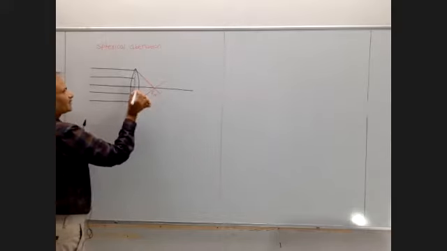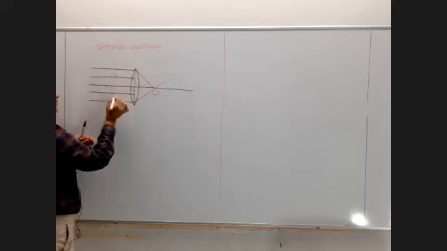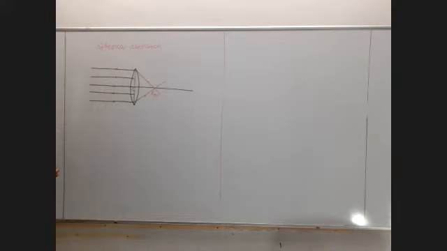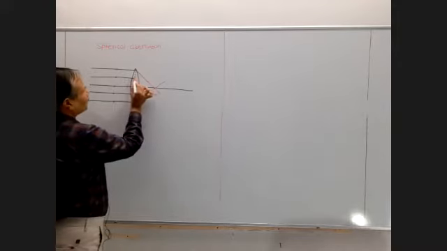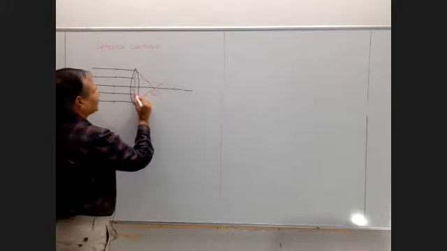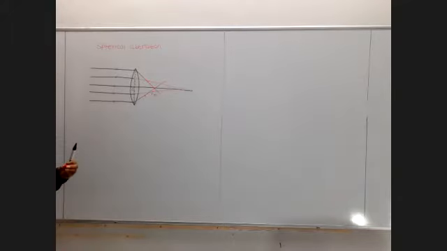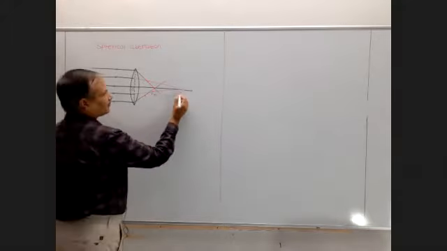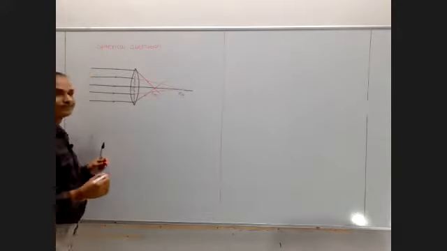After refraction, they will fall near the optical center. And the rays which are nearer to the pole, they will fall at a larger distance. It is called Fp because they are called paraxial rays.